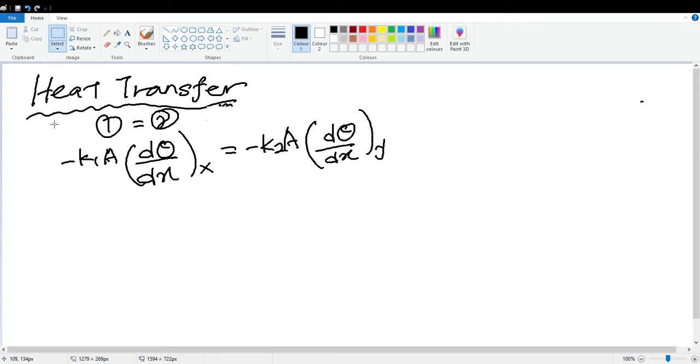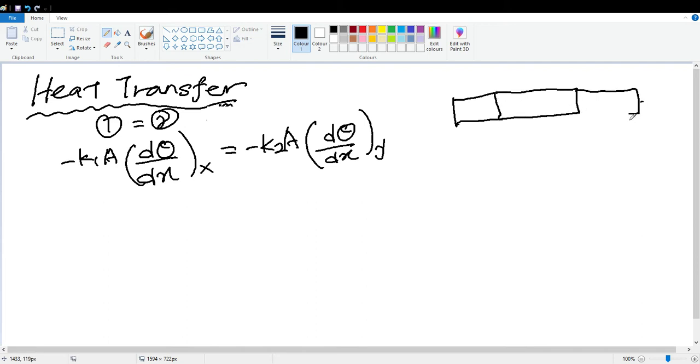So what I have is the rate of heat flow for rod X is equal to the rate of heat flow at rod Y. As we observe from this rod, let me draw a rod again.